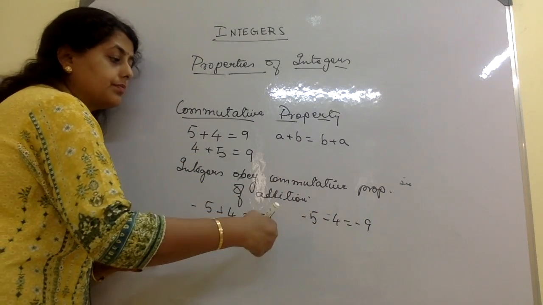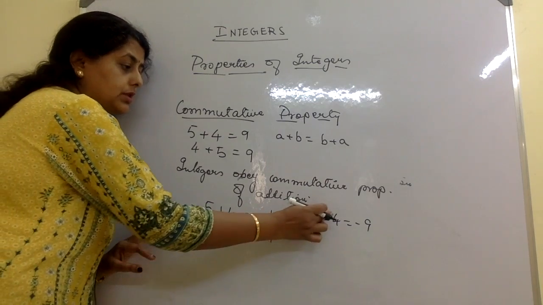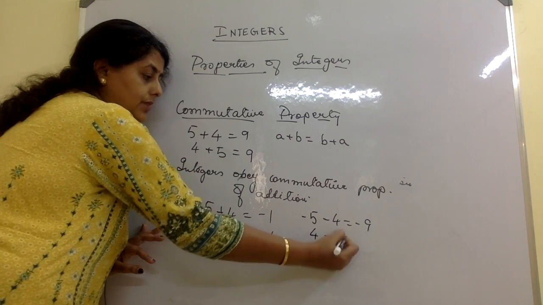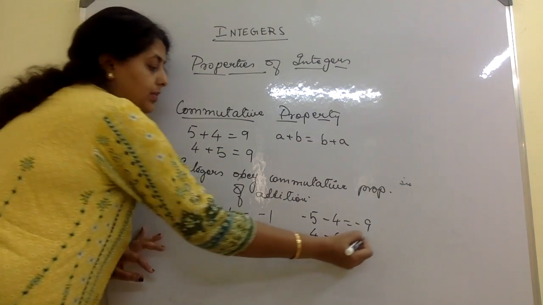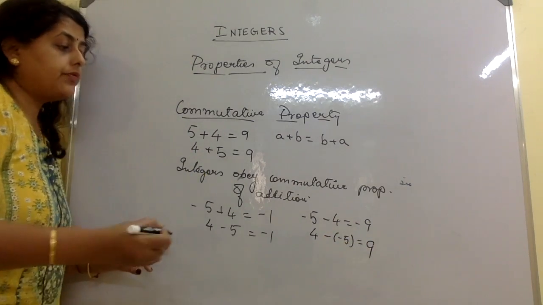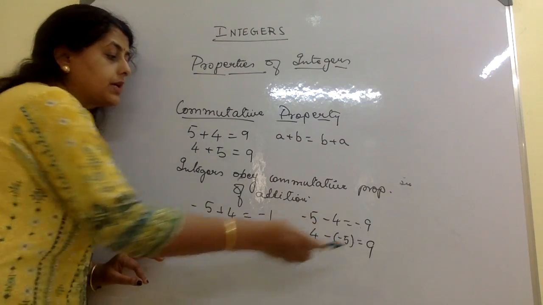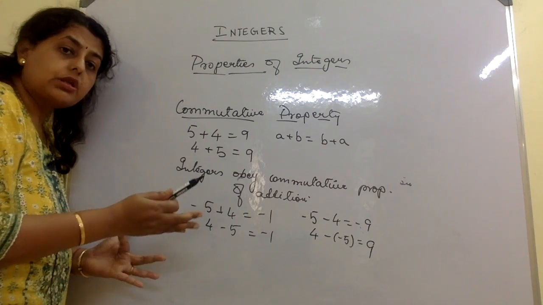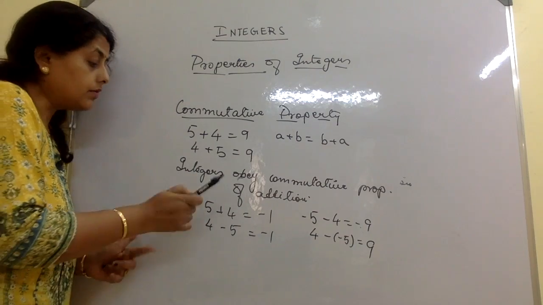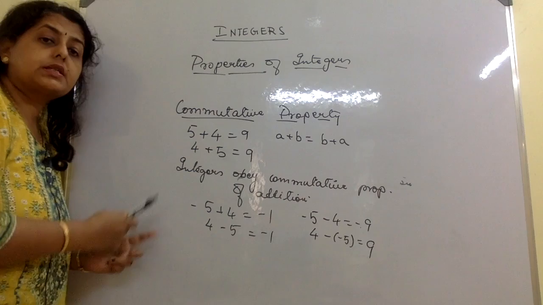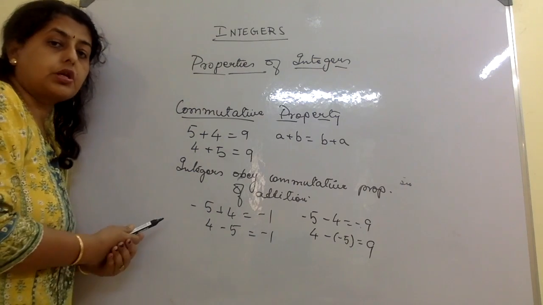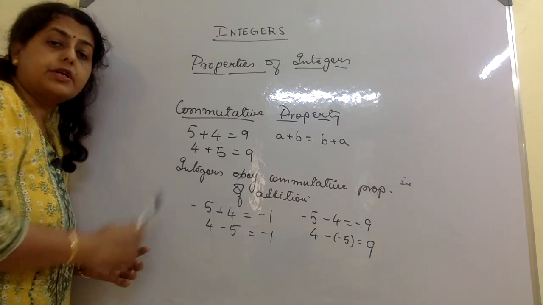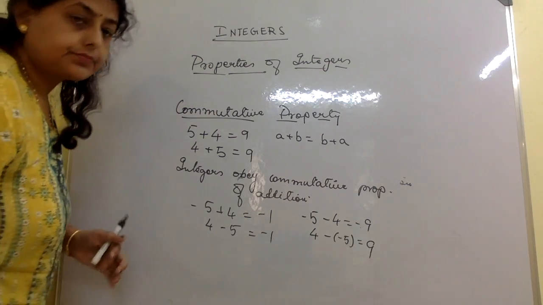Now I put the 4 first, because here I had subtracted 4. 4 minus 5 is a minus 1, not the same. Hence, when you reverse the position of the two numbers, it does not come out the same in subtraction, but it comes out the same in addition. So integers follow the commutative property of addition.